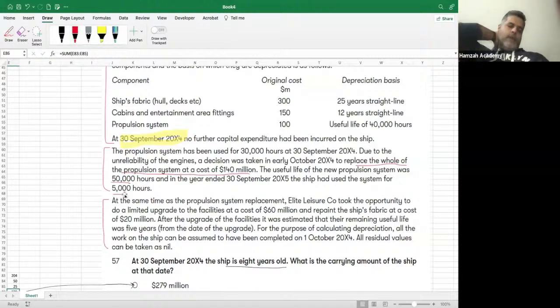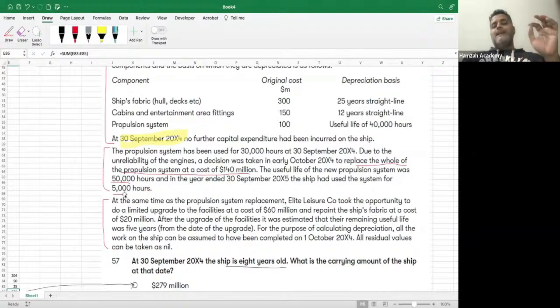Now, we have already talked about component accounting, that if we have a complex asset, and in that complex asset a component is replaced, then the old component's carrying value is de-recognized. Try to listen to what I'm saying, okay?